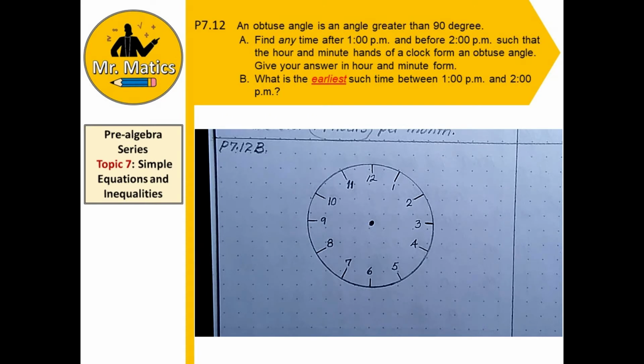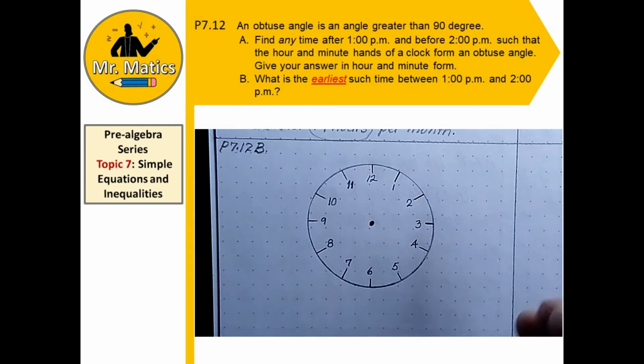Now the second problem is actually more complicated. If you are not very sure yet about forming equations or solving equations, I would request you to go check the previous videos in this topic 7 before you come here.